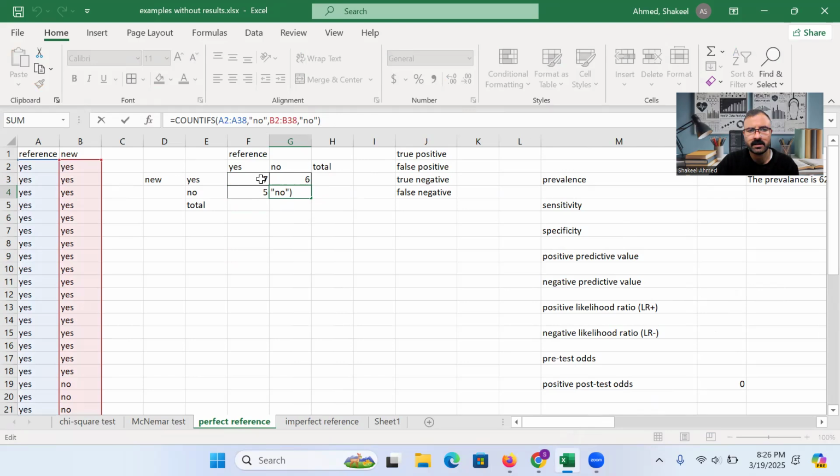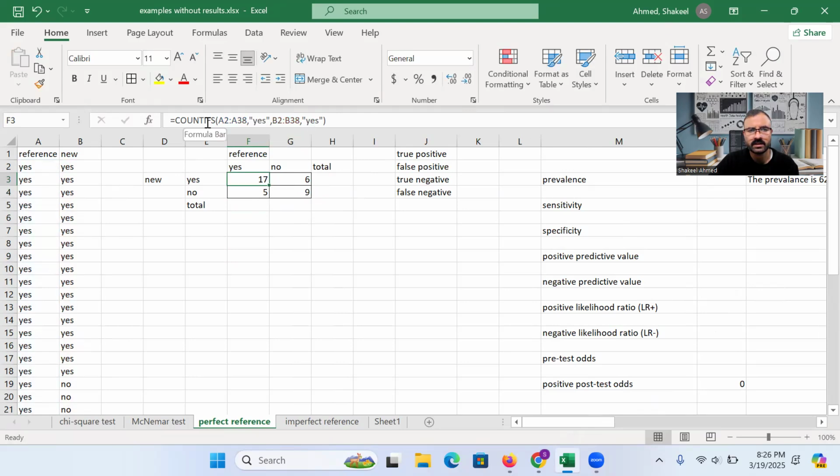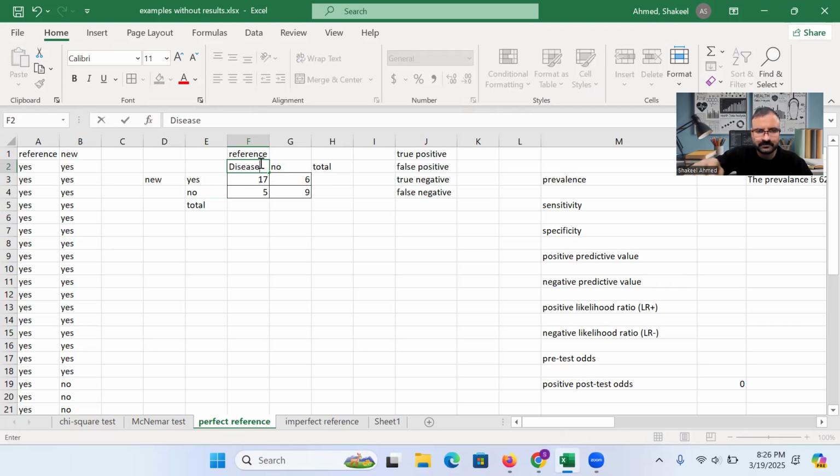So you can see that this is the COUNTIF, and when the new test says it is yes and the patient has the disease, and here it is negative and the patient has the disease, you can write it here as disease and non-disease or no disease, and here you can write positive, and negative.